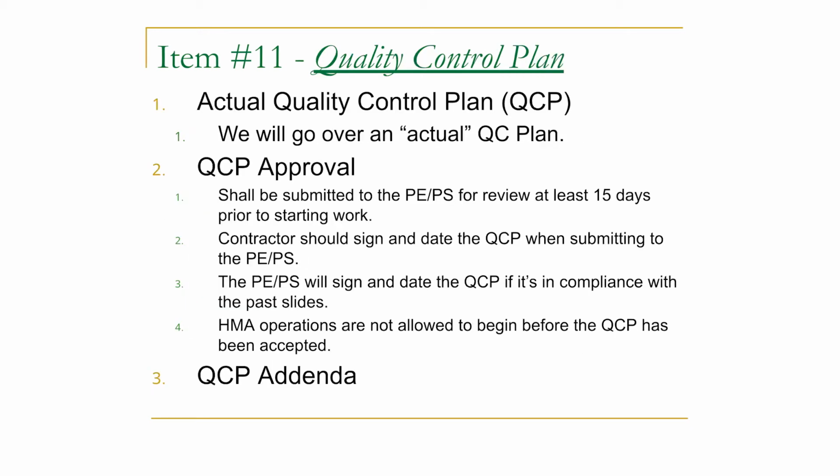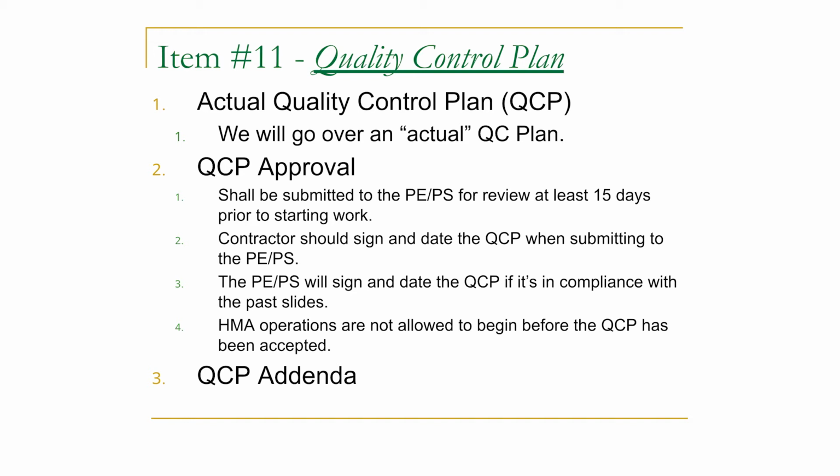Item 11 is your actual QC plan, which I'll go over quickly because I know it's getting close to break time. The QC approval is supposed to be submitted 15 days prior to starting your paving operations.